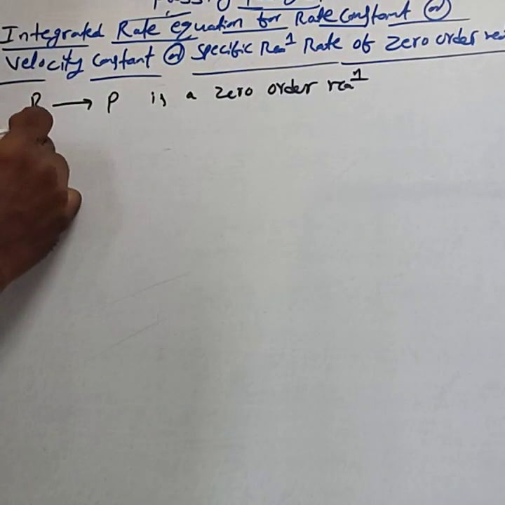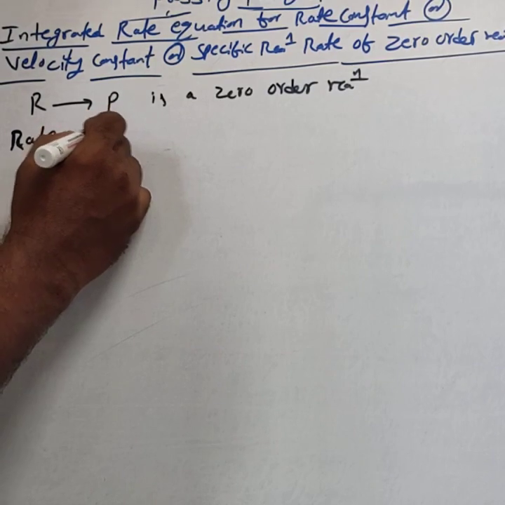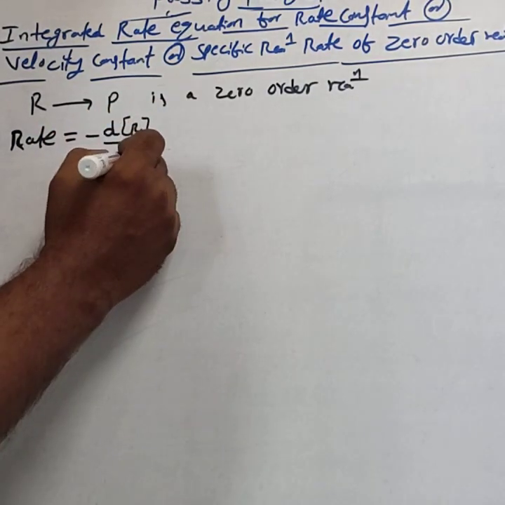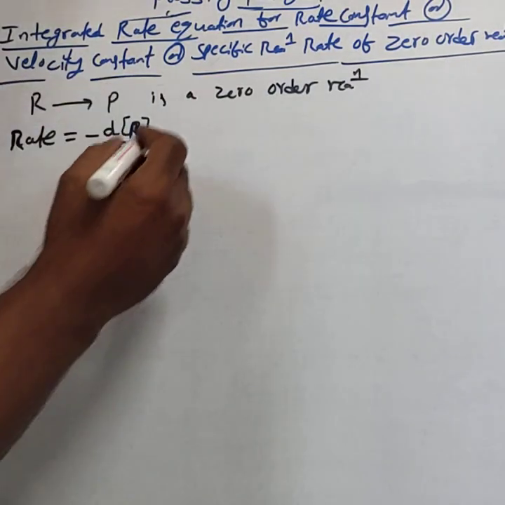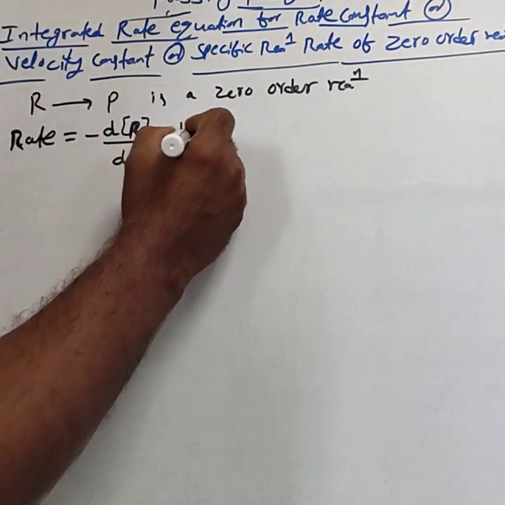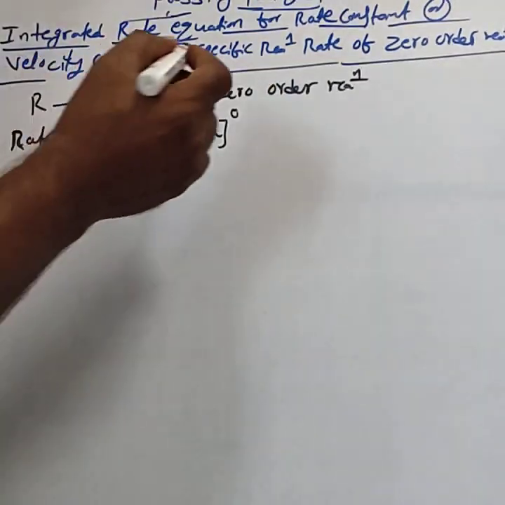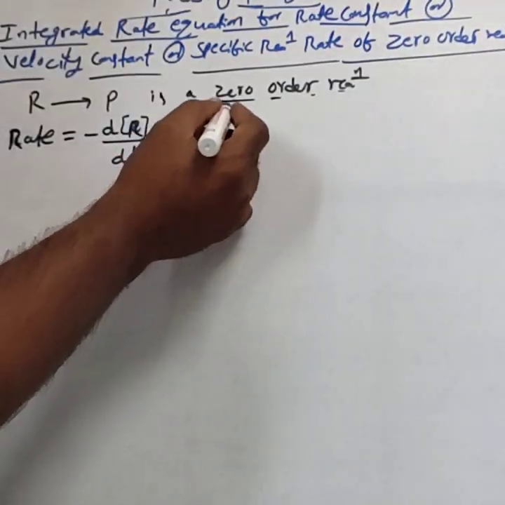Then rate equals rate for this equation. Rate is nothing but minus dR by dt, the change in concentration of the reactant, that is equal to k into R power 0. We considered a zero order reaction, hence R power 0.